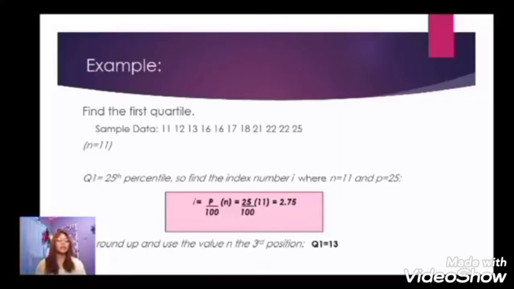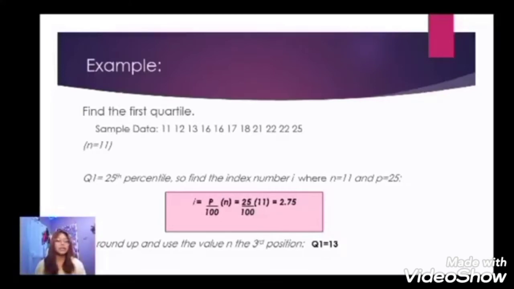Another example, find the first quartile. The sample data is 11 to 25. N equals 11. So Q1 is the 25th percentile. The first step is to find the index number for N equals 11 and P equals 25.